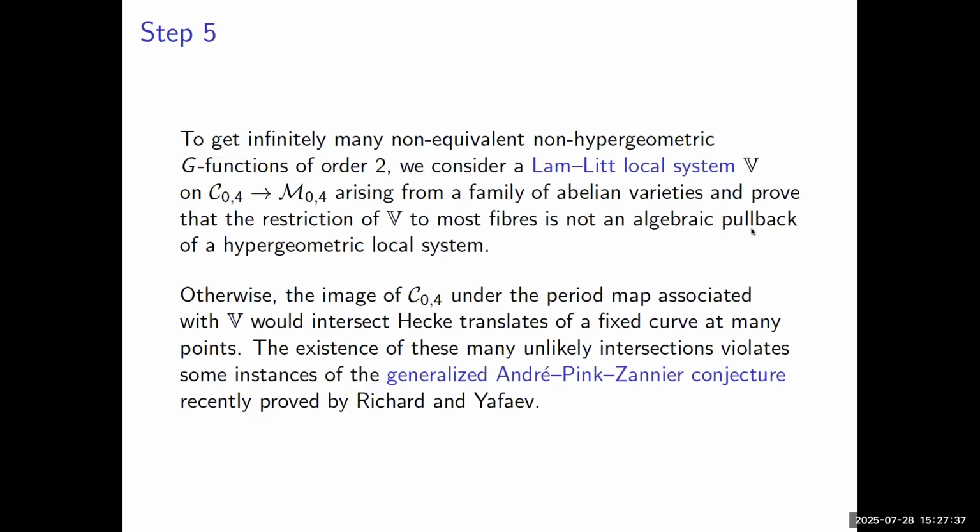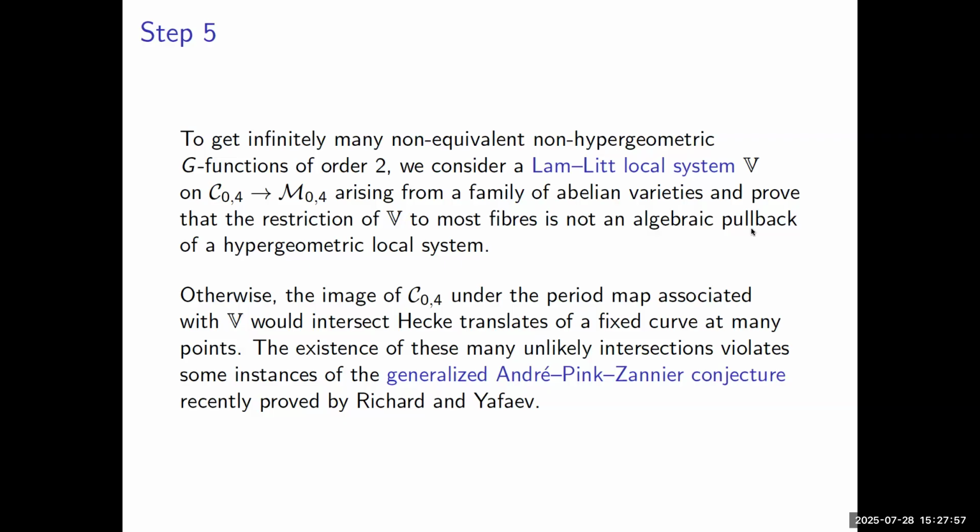And you can get a lot of control on the restrictions to every fiber. For example, you can choose them in such a way that the monodromy group is SL2 in restriction to every fiber, and in such a way that you have control on the trace field or the adjoint trace field.